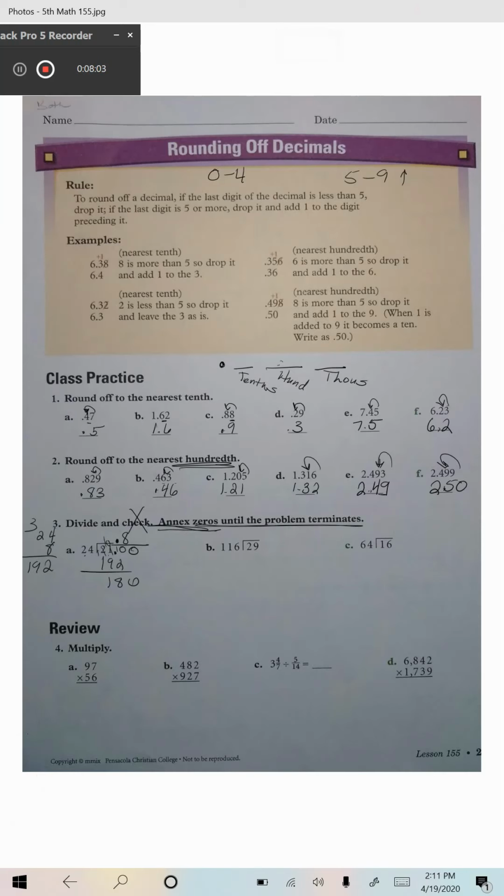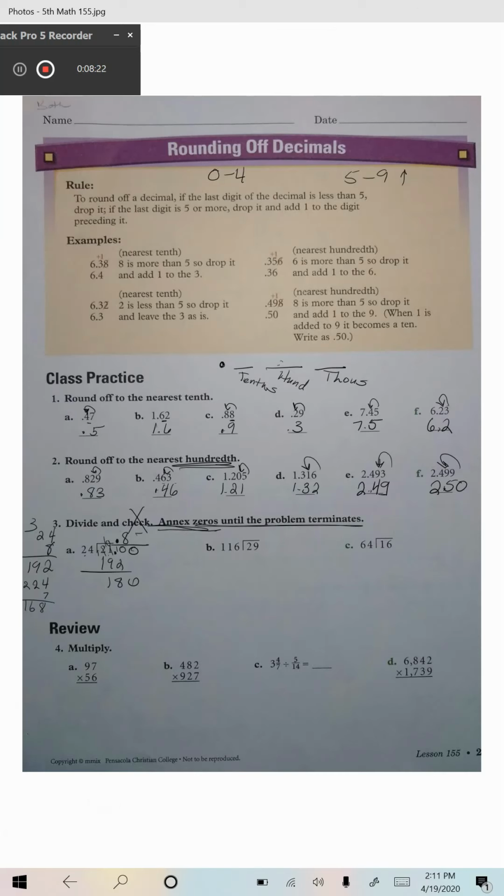Go ahead and give it another 0 because we're going to keep going until we get a 0 in our remainder. So 24. So 8 was too big. Let's try 7. 14, 15, 16.